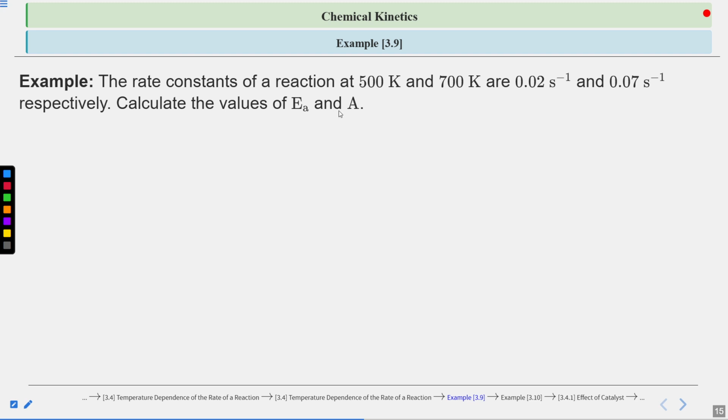You have to calculate the values of EA and A, that is, the activation energy and the Arrhenius constant. Given the rate constant of a reaction at two different temperatures, you have some time to remember what we have studied till now and try to apply one of the formulas to this question. Then we will see the correct answer.